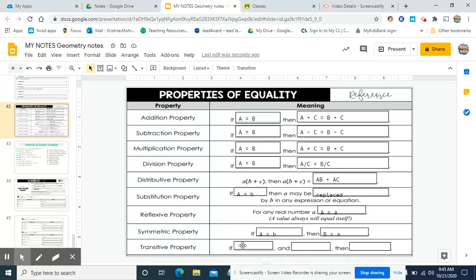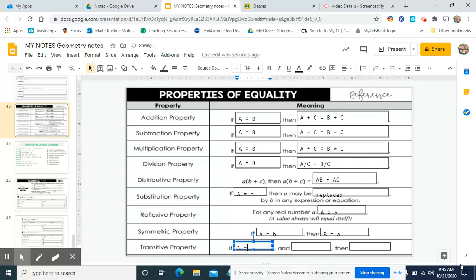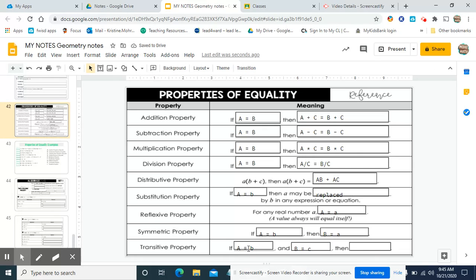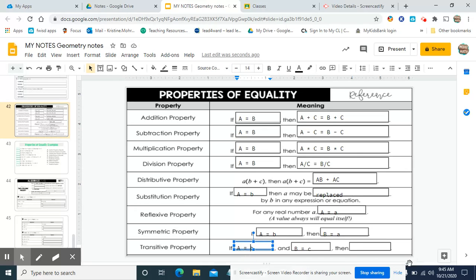And transitive property is if A equals B, and now we have B is equal to C. Let's pause here. We have some number equal to B, and then we have B also equal to some other number. Notice that we have B in both of these equations being equal to something else.